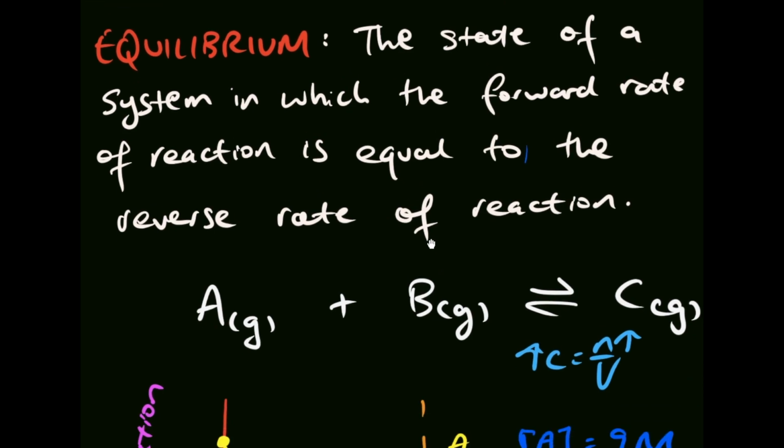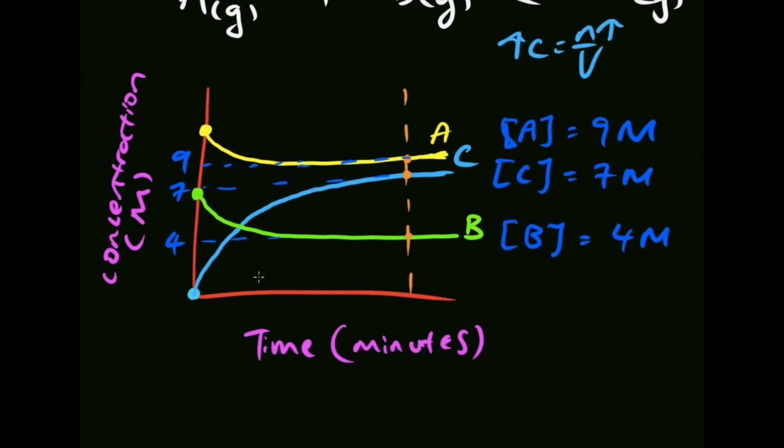Notice that before equilibrium has been reached, the concentration of each species is not constant, in the sense that they don't have a fixed Y value or concentration. Take C gas for example, its concentration increases over time until equilibrium has been reached. So maybe this is t equals 5 minutes.